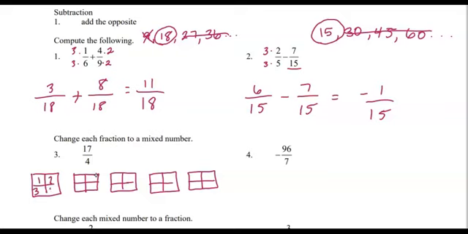So 1, 2, 3, 4, 5, 6, 7, 8, 9, 10, 11, 12, 13, 14, 15, 16, 17. 17 of those fourths, wholes split into fourths. So when we look at that, that's the same as 4 wholes and 1/4.